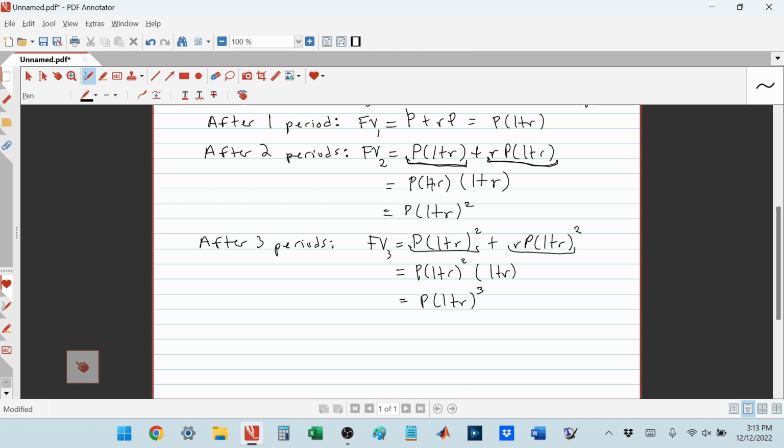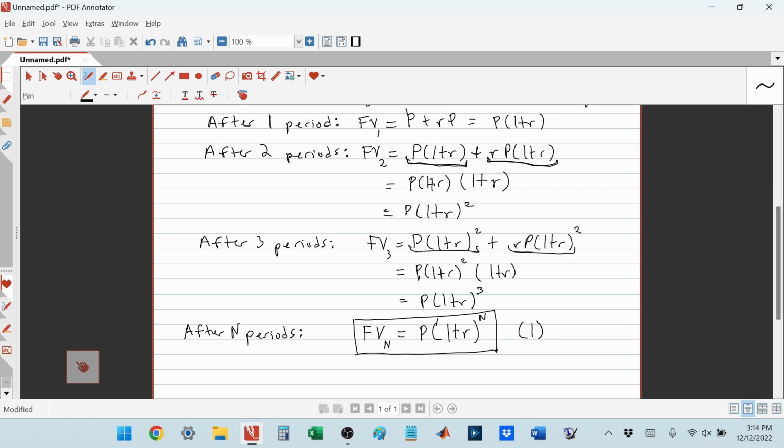And you can see the pattern. So after n periods, your account would be worth the initial P that you put in times 1 plus R to the power of n. This is the first time value of money equation.